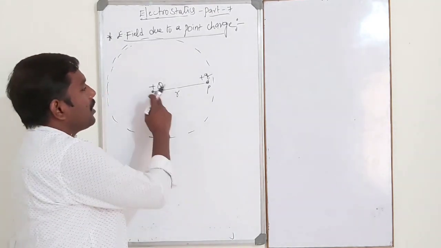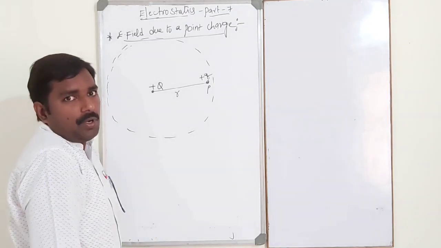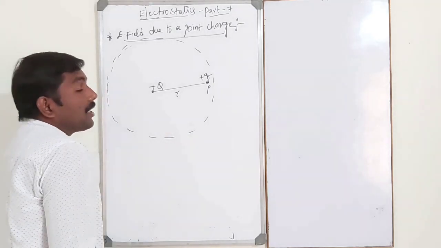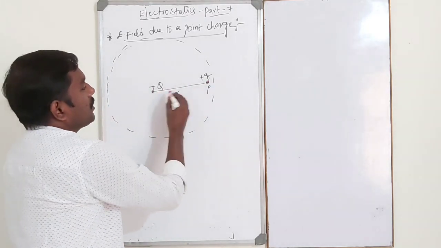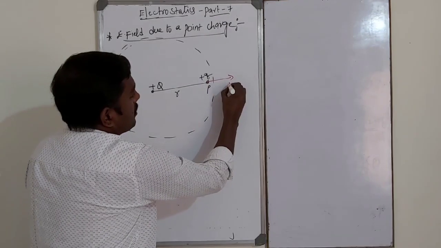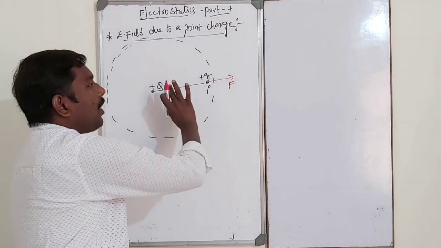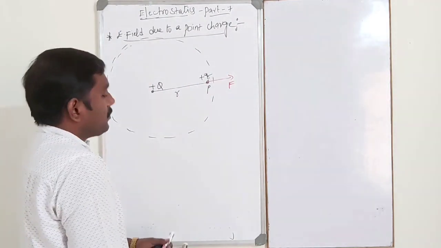Repulsive force, because these two are like charges. The direction of force is radially outwards. That is the repulsive force.